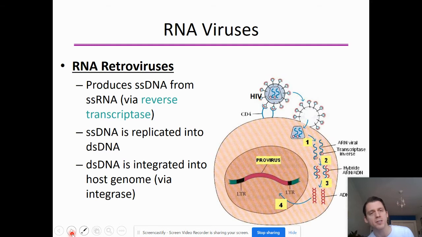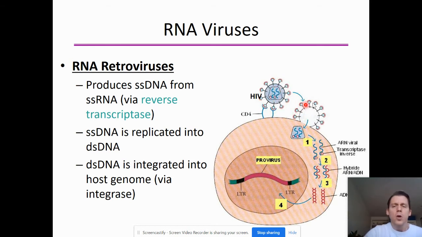RNA retroviruses like HIV are an interesting case of virus because they have RNA on the inside, but a retrovirus like HIV is going to do something very interesting. So there is RNA inside the virus.